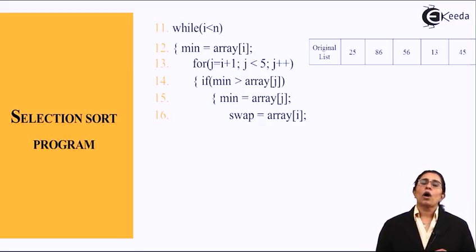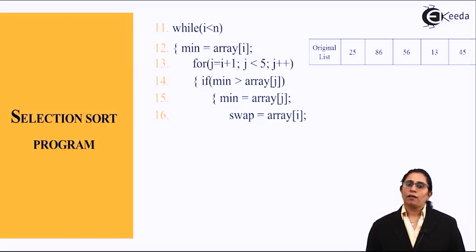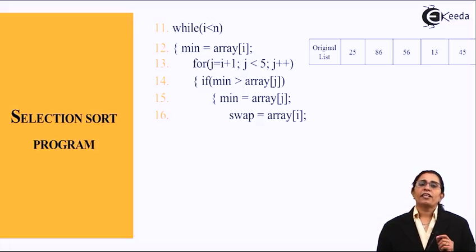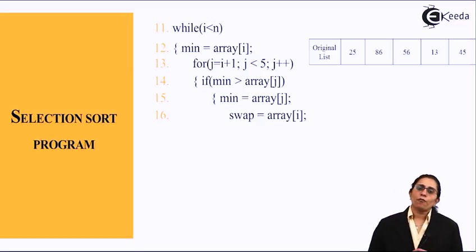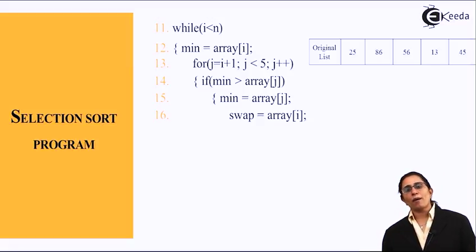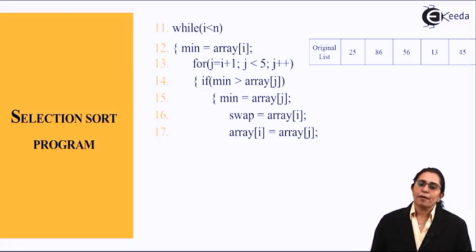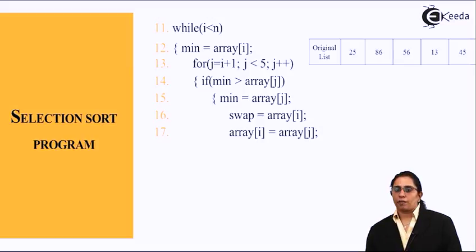Swap is equal to array of i. Swap is nothing but a simple variable which is used to store the temporary value stored at array of i. In our case, that is the value 25. So swap gets the value of 25. Now the next step is array of i is equal to array of j.